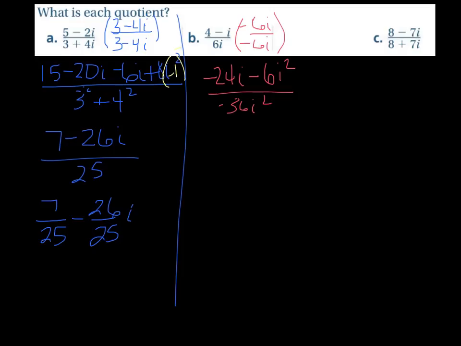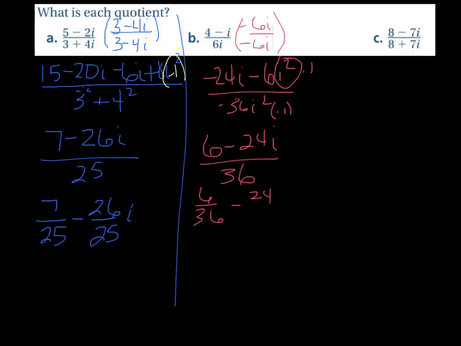Okay. And then when I simplify, remember that the i squared is really a negative 1, so that's going to become positive 6 minus 24i divided by 36, because this i squared would be a negative 1 as well. So I'd have 6 over 36 minus 24 divided by 36 i, and simplifying, that would give me 1/6.